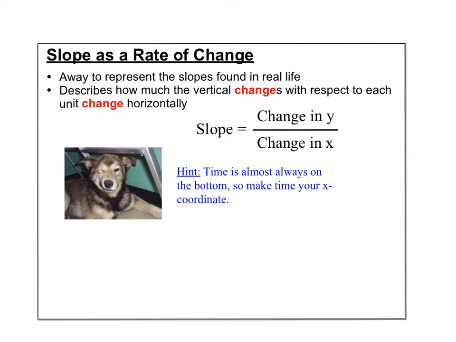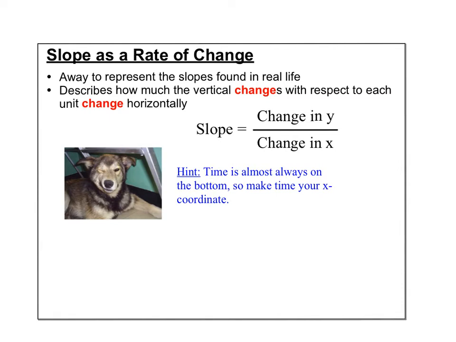It describes how much the vertical changes with respect to each unit change horizontally. Remember from last lesson that the slope is the change in the y value, so the vertical, divided by the change in the x value, so the horizontal. When we're talking about real life situations, a common unit that you'll see is time.